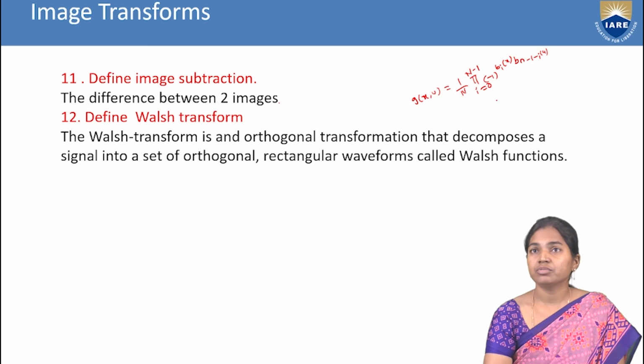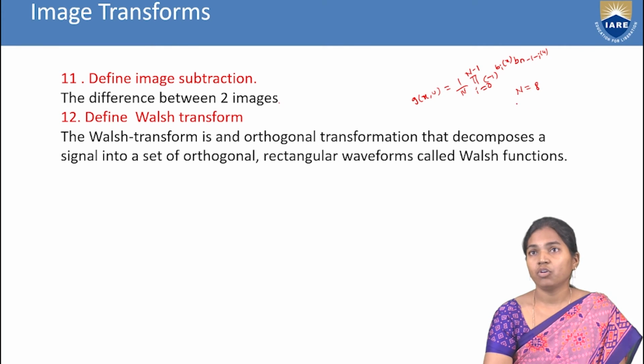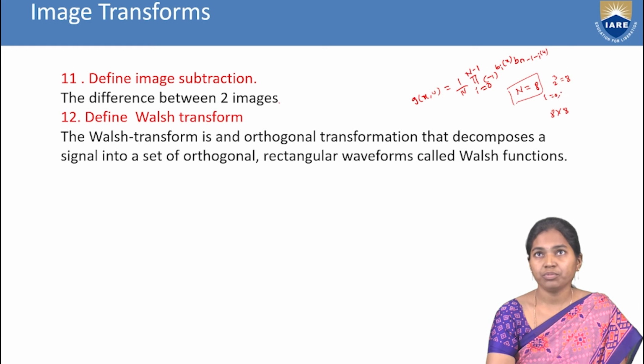With the use of this Walsh transform, depending on n, if n equals 8, how many computations do we need to calculate? Total 64 computations, with the mask size in rectangular form. Here 2 power 3 equals 8, and the i value varies from 0 to n minus 1.